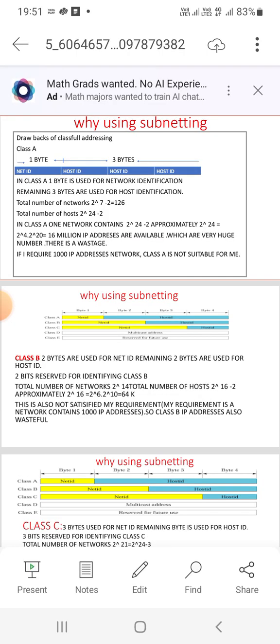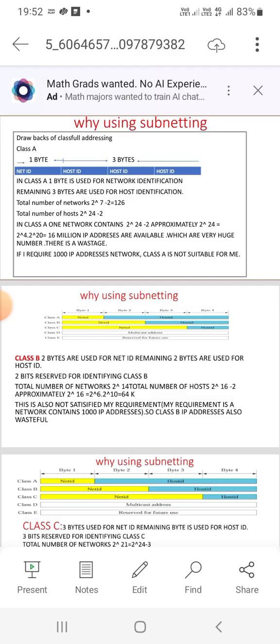Coming to class A, there are 4 octets in the IP address. 1 byte is used for network identification, and the remaining 3 bytes are used for host identification.